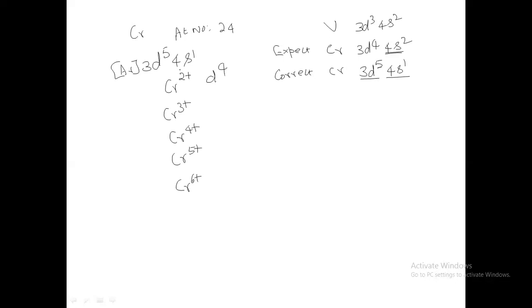Chromium belongs to the 6th family. For chromium 3+, three electrons are removed, we get d3. Chromium 4+ is d2, chromium 5+ is d1, and chromium 6+ is d0. An example is potassium dichromate, K2Cr2O7. K2CrO4 is also an example.